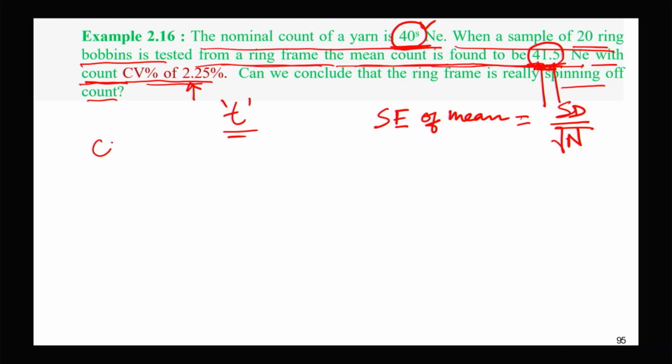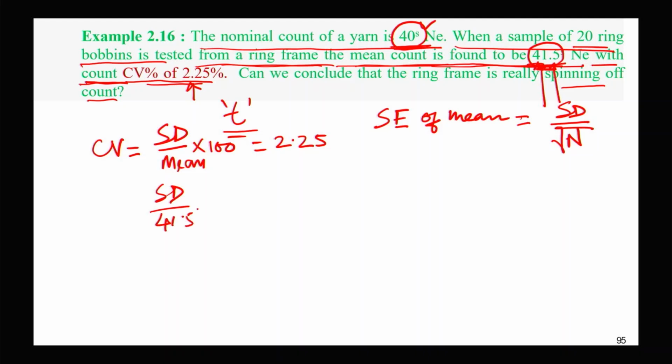So CV percent is equal to standard deviation divided by mean, multiplied by 100. CV is given as 2.25, the mean is given as 41.5, so this way we can calculate the standard deviation.